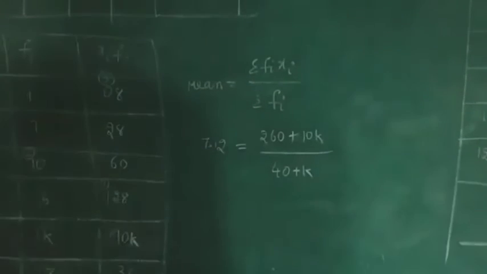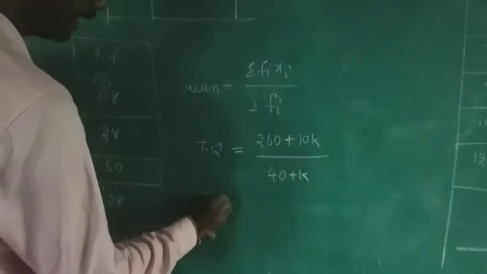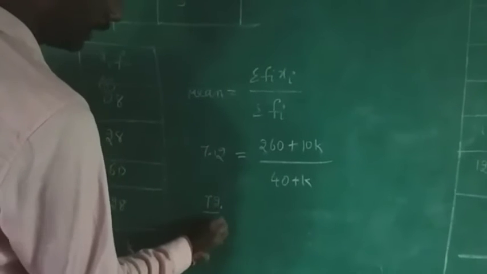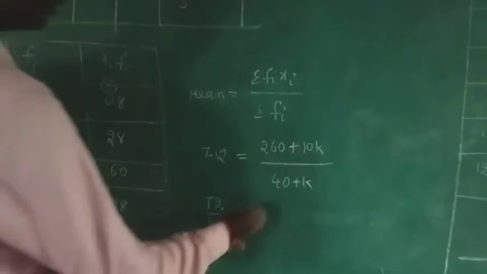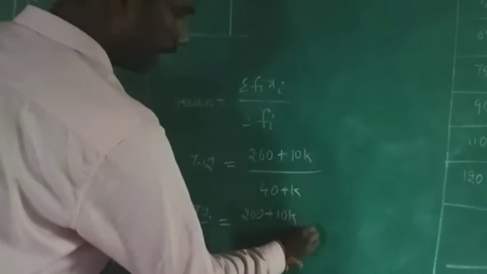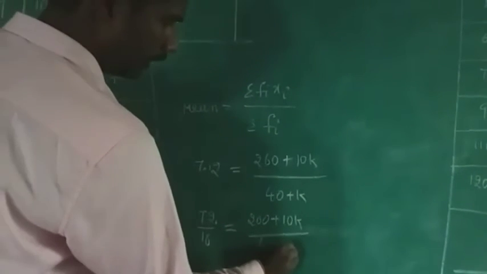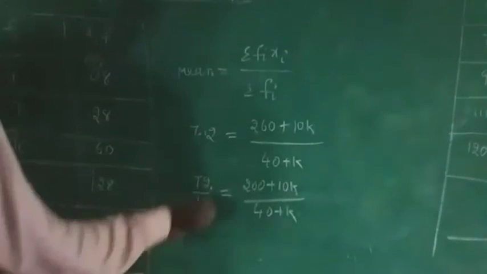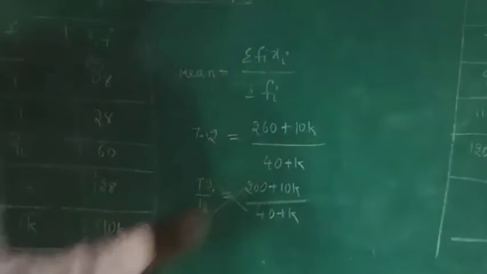So this 7.2 you can write as 72 by 10 equals 260 plus 10k by 40 plus k. We need to do the cross multiplication.